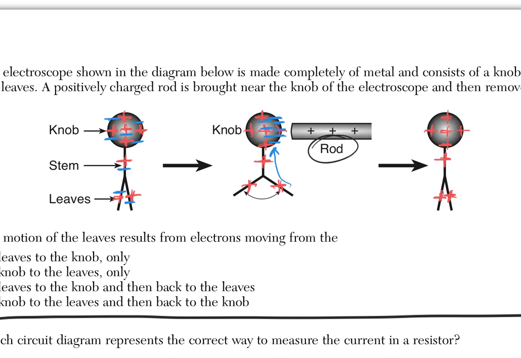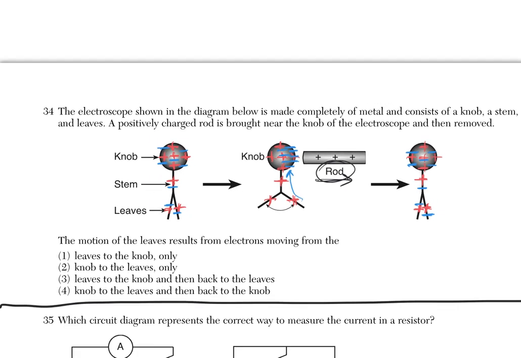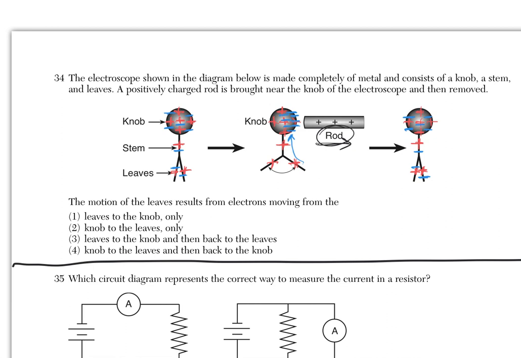But once I take that rod away, the electrons have no outside field pushing or pulling them around, and they go back to the way they were, evenly distributed on that electroscope. So the motion of the leaves results in the electrons moving from the leaves to the knob, so that does happen. Not knob to leaves, but leaves to knob, and then back to the leaves as they evenly distribute again. So it's choice 3, not just choice 1.